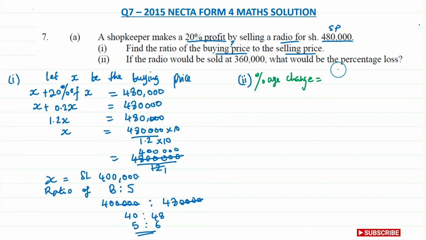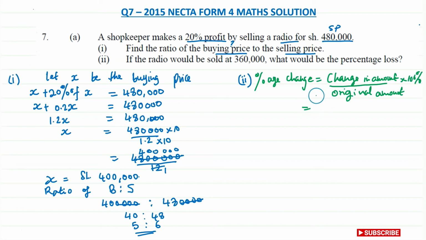This is a formula: change in amount divided by original amount. It's always the original amount here as a denominator, times 100%.